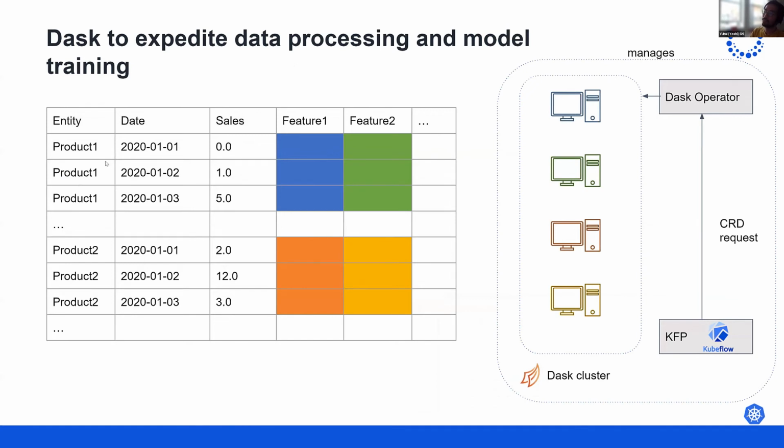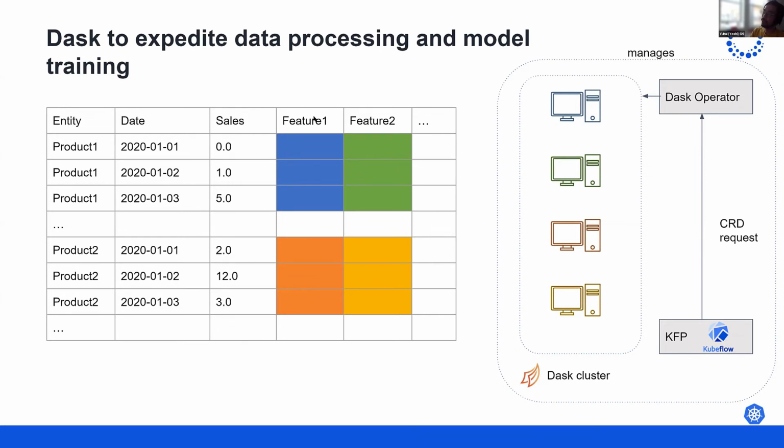You have different products and you have different observations at different dates. Then basically, if you look at the data engineering process, what we're going to do is derive new columns from those sales inputs or sales series. Actually, you can partition this type of job into several independent workloads.